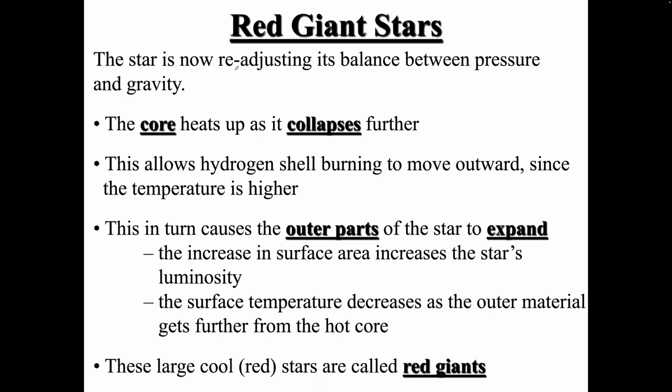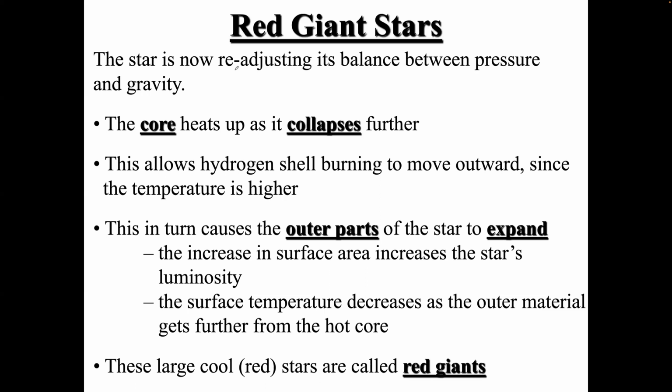And as a result of this, the core heats up, and the hydrogen shell that's surrounding the core region will move outward. Since the temperature is higher, once again, because there is no pressure force created in the outward direction from the core region, the star will continue to collapse as a result of gravity.